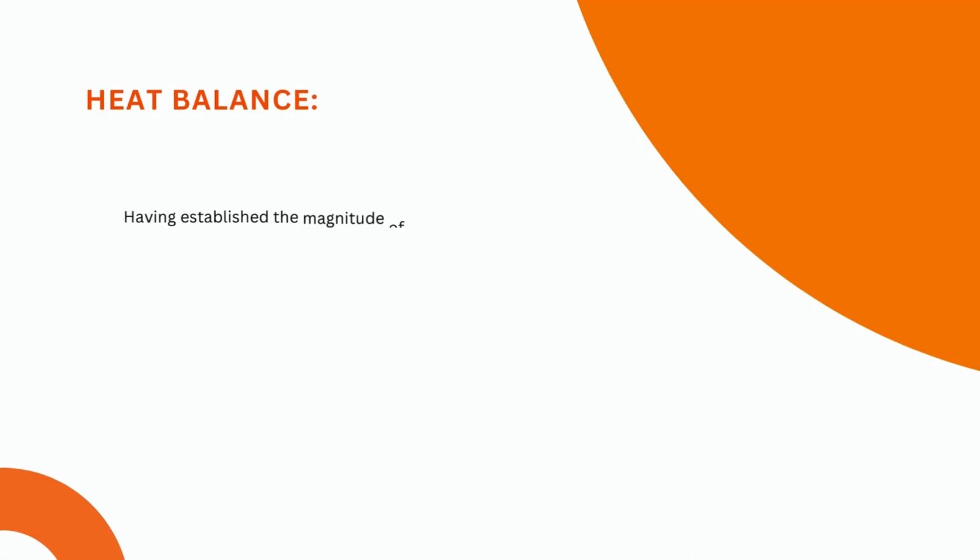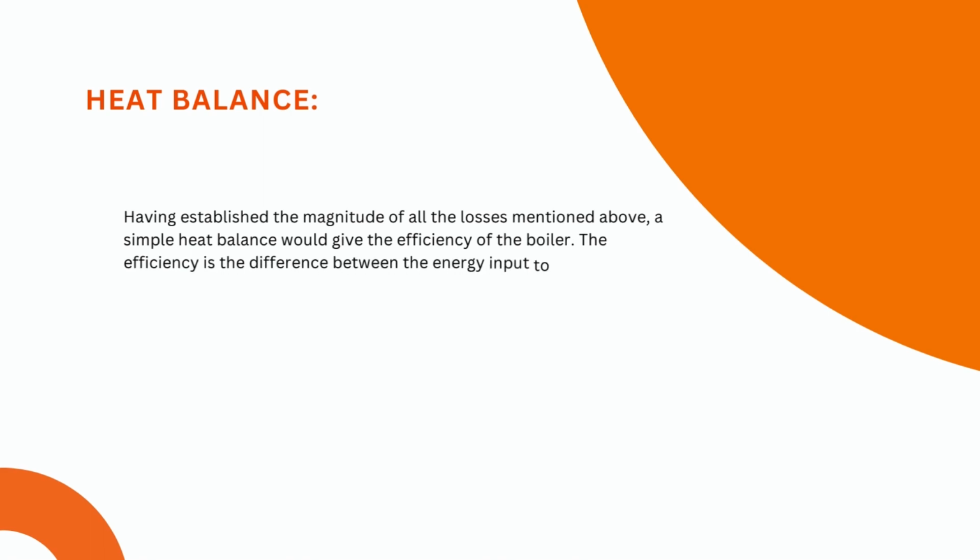Having established the magnitude of all the losses mentioned above, a simple heat balance would give the efficiency of the boiler. The efficiency is the difference between the energy input to the boiler and the heat losses calculated. After all calculations we prepare the boiler heat balance where we substitute all the calculated values as shown in the chart here.